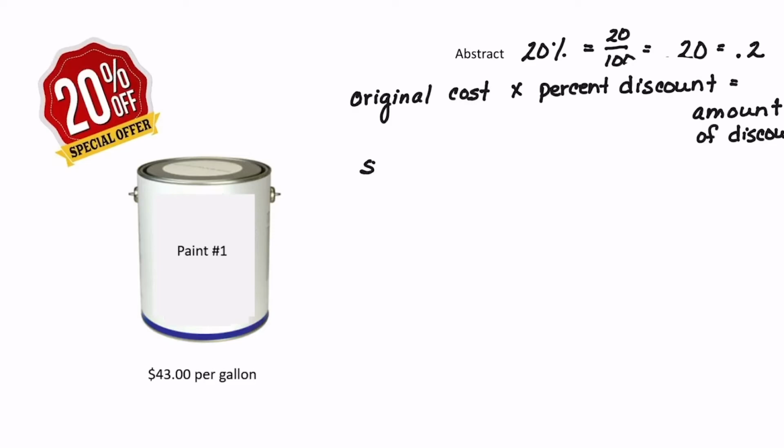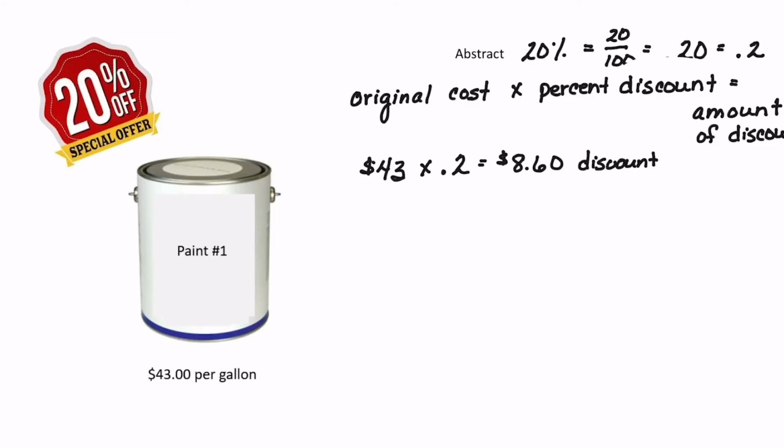So my original cost is $43. I'm going to say, okay, my percent discount as a decimal is 0.2. And what is that going to give me? So when I multiply those two things together, that's going to give me my $8.60, or 8.6. Remember, this is my discount.